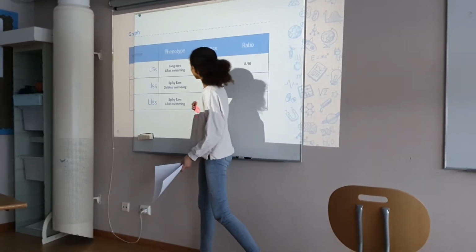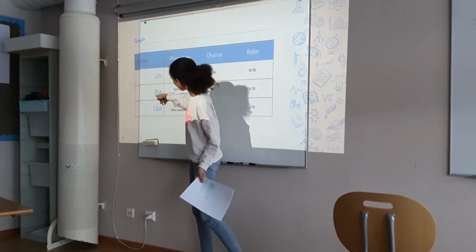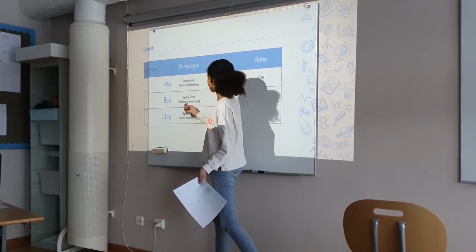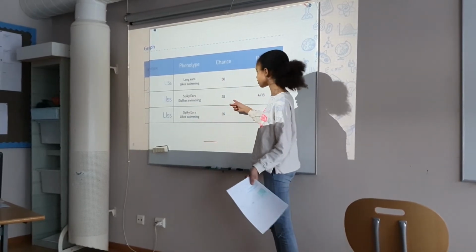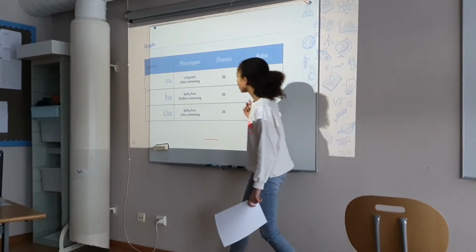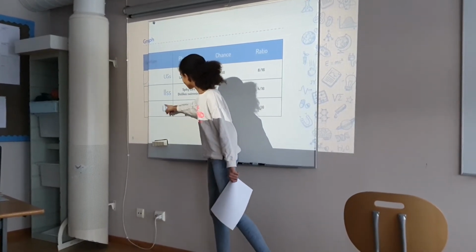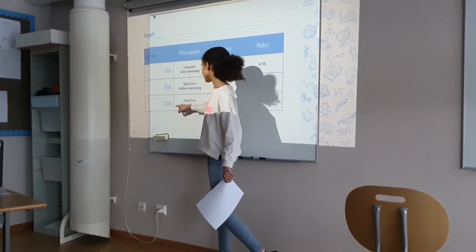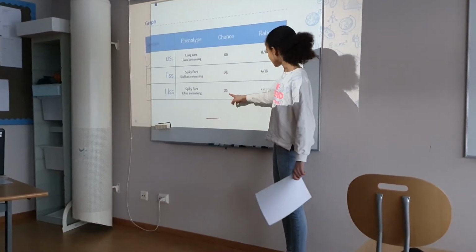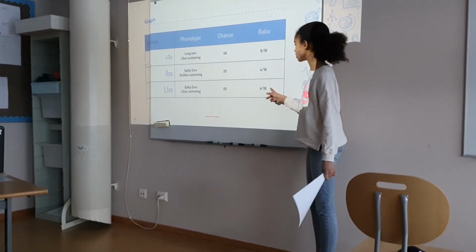The second one is small l, small l, small s, small s, and the phenotype is spiky ears, dislikes swimming. That's a 25% chance, and that's 4 out of 16 squares. The last one is capital L, small l, small s, small s, and that is a long-eared dog who dislikes swimming. That is also a 25% chance, and that's 4 squares in the Punnett square.